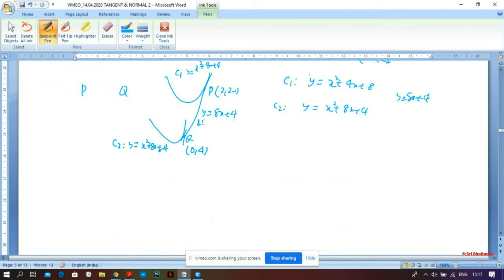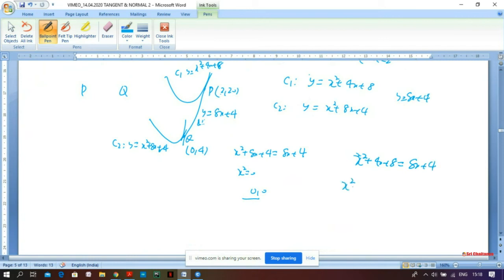Remember, had you equated them, you will get the same thing. Suppose you equate these two, x square plus 8x plus 4 is 8x plus 4. So x square equal to 0. That tells you 0, 0 repeated. Now for the other, x square plus 4x plus 8 was 8x plus 4.